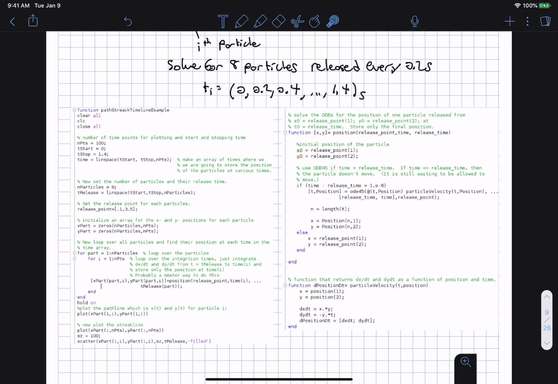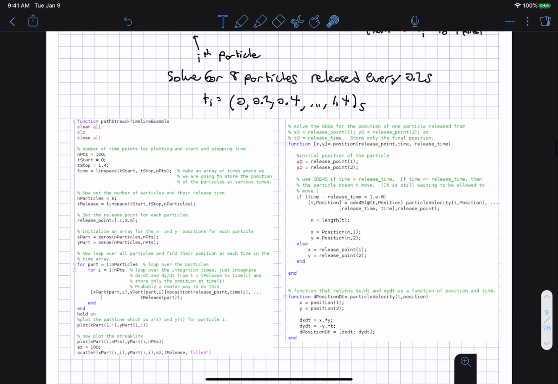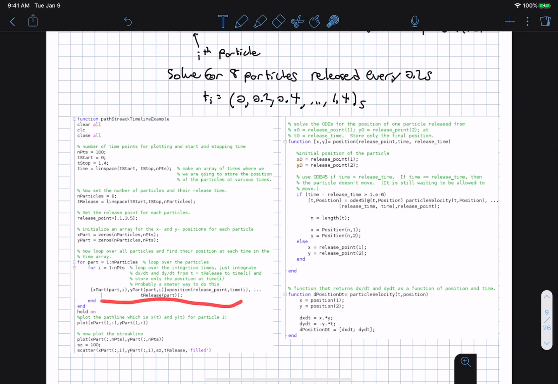Then I loop over all the particles and a whole bunch of time points, and solve this equation of motion using MATLAB. Numerical methods is not a prereq for this class, so I can't assume that, but basically what this code does is solve for the x-y position of each particle at the same time.